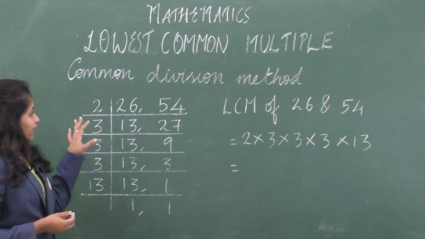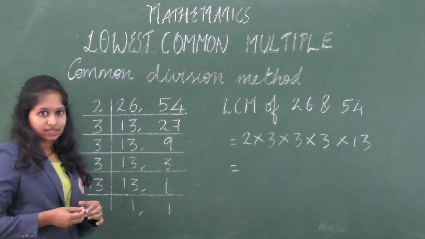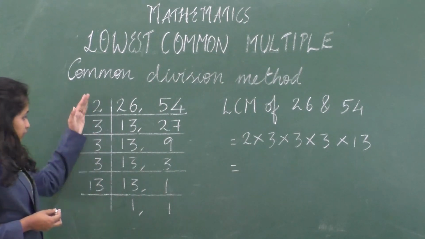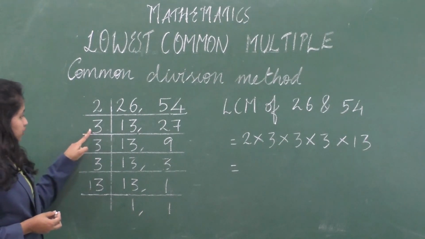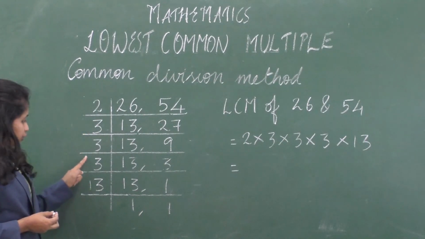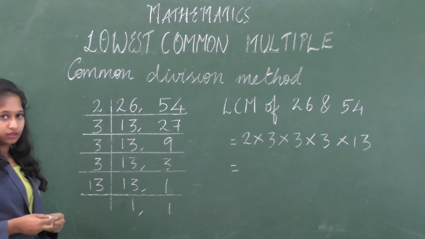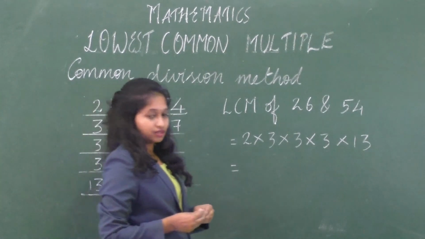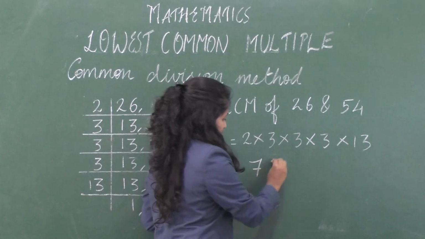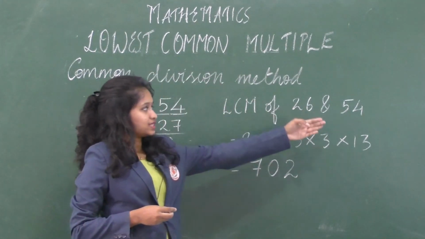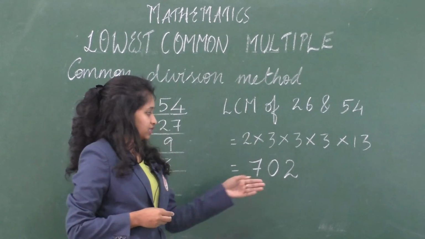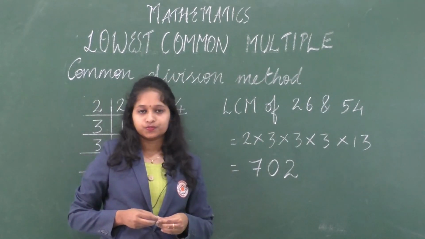So for the LCM of 26 and 54, we have to multiply all these numbers. 2 into 3 into 3 into 3 into 13. So the answer we get is 702. So the LCM of 26 and 54 is 702.